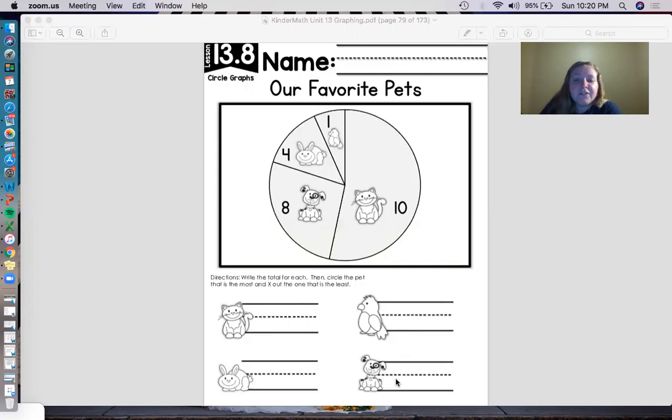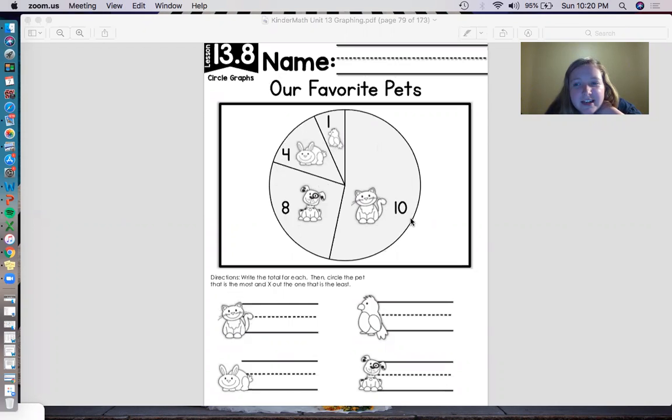Okay, the first thing you should do is grab your pencil. The first animal they want us to look for is the cat. So let's find the cat on my circle graph. Is that the cat? No. Oh, there's the cat in the circle graph.